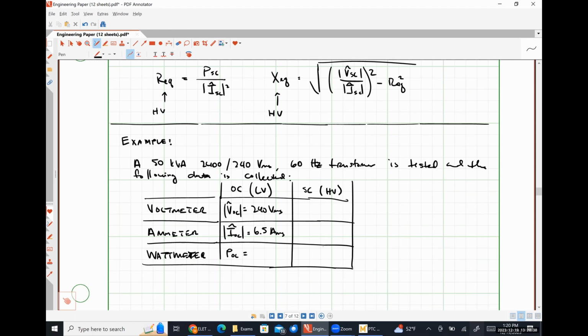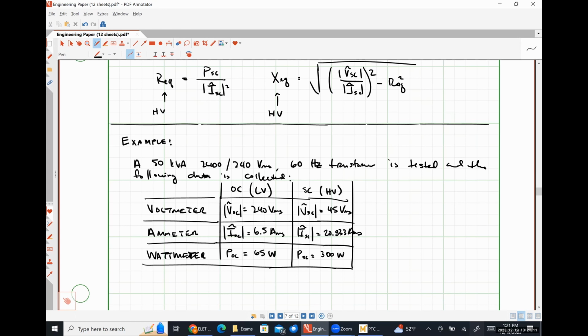And POC was 65 watts. VSC 45 volts RMS. ISC 20.833 amps RMS. And PSC is 300 watts.